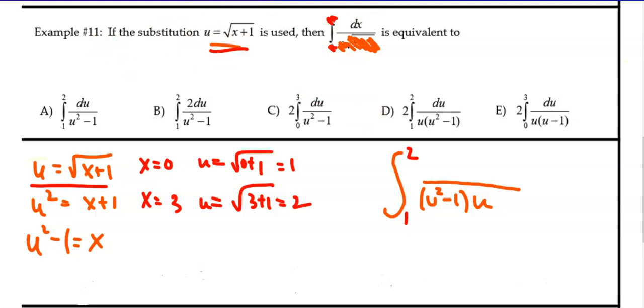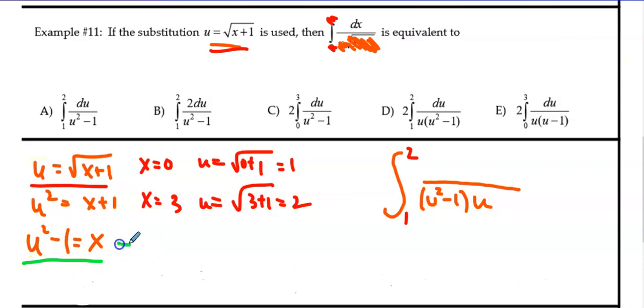Now, what you can then do is figure out what dx is. If you see this very simple problem right here, I can find this derivative pretty easily by using implicit differentiation.